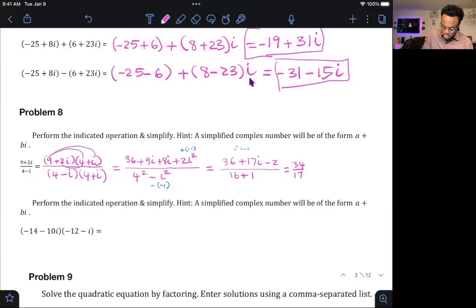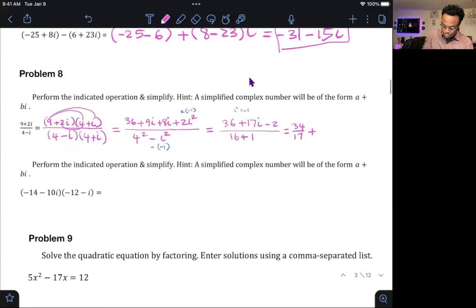So 34 over 17 plus 17 over 17i. Simplify, that is 2 plus i.